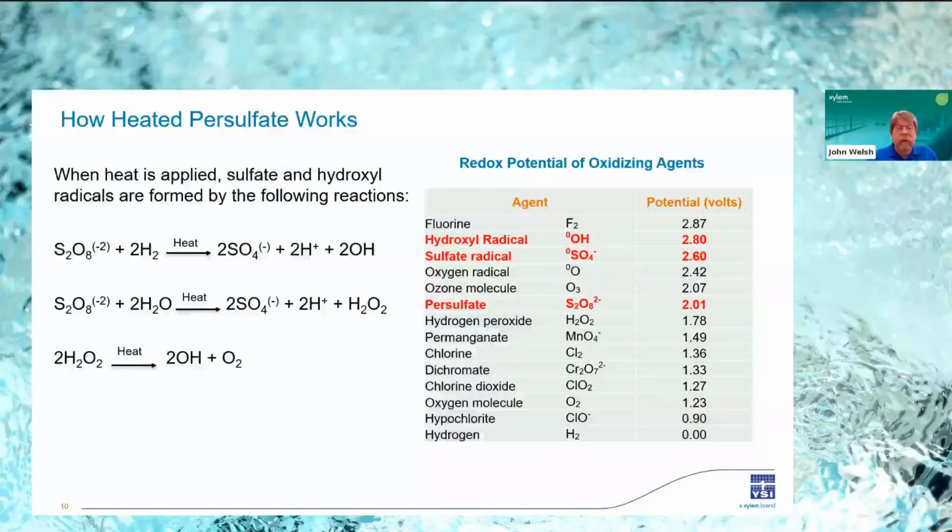The equations on the left-hand side of the screen show the reactions that take place when persulfate is dissolved in water and activated by heat. In addition to the formation of hydroxyl radicals, other very highly reactive radicals are also formed. These include the sulfate radical and the persulfate ion. All of these species combine to make persulfate a very powerful oxidizing agent.